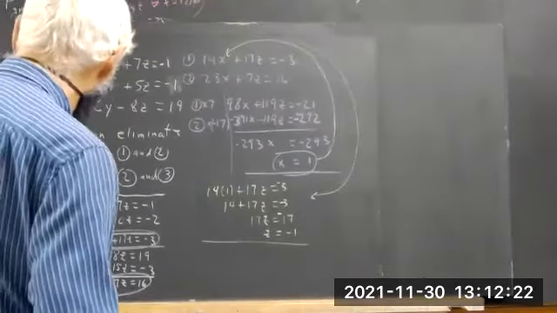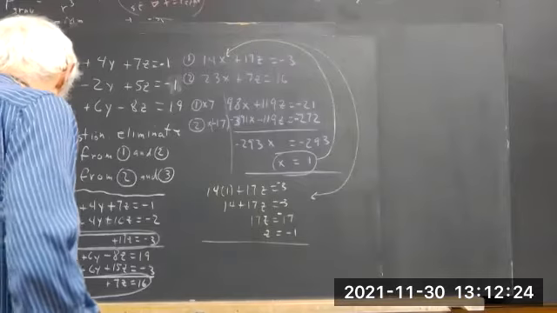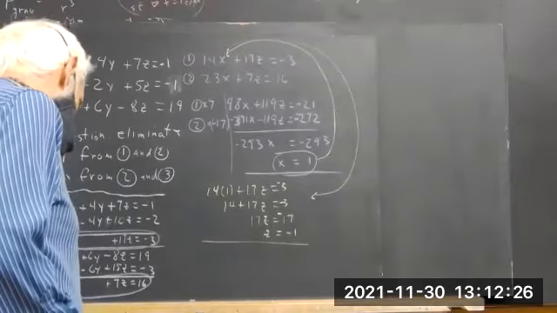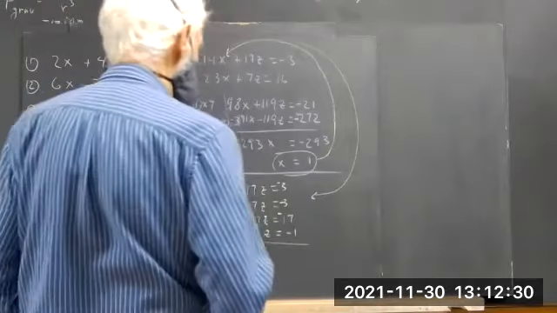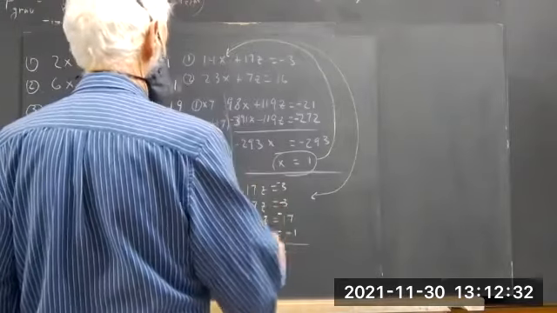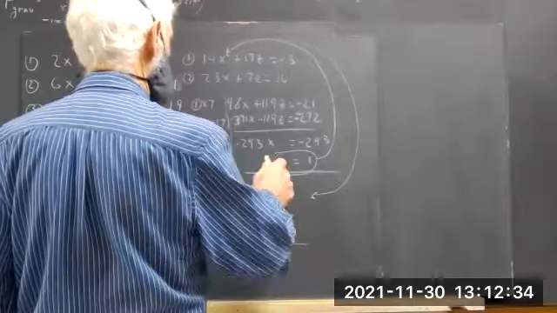Then finally, we take these numbers, x equals 1 and z equals negative 1.